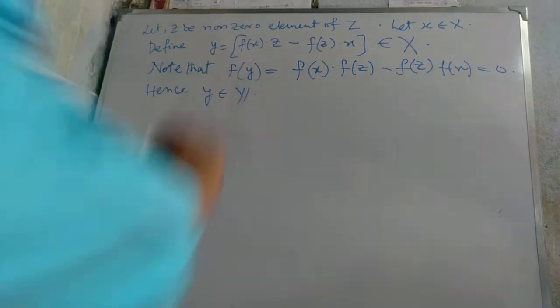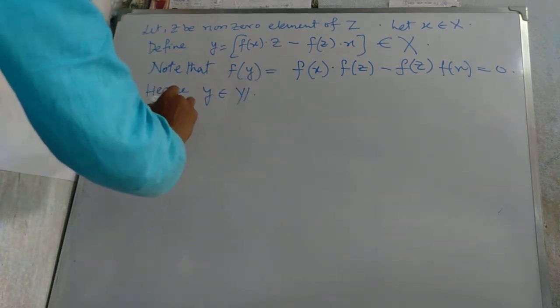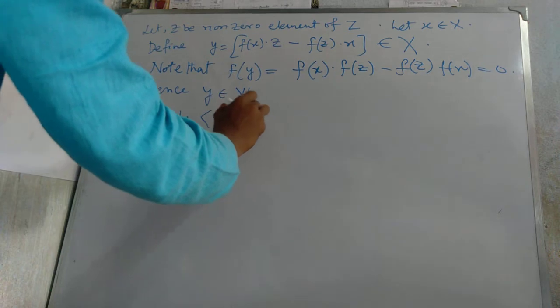Hence y belongs to this null space Y, and now the inner product of y and z equals 0.